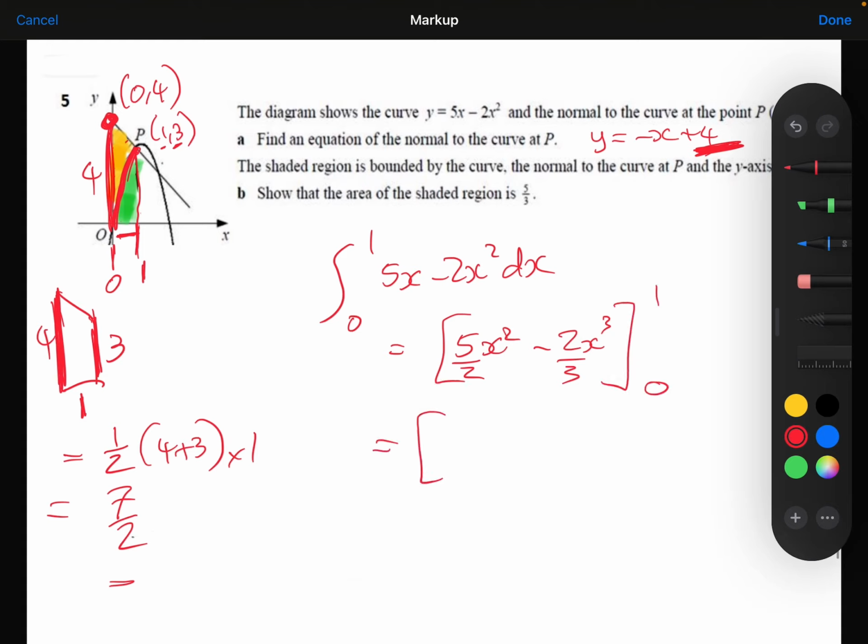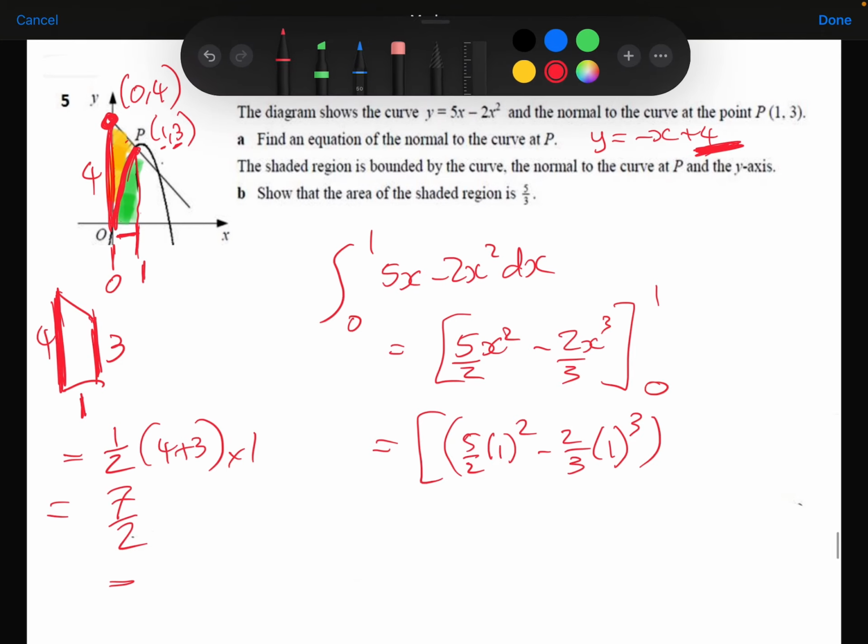Substitute the 1 in, so I'll get 5 over 2 times 1 squared. Then I'll get 2 over 3 times 1 cubed. That's me substituting the 1 in. Now I'll substitute the 0 in, which is just going to give me 0 anyway. But this is just me showing the working out.